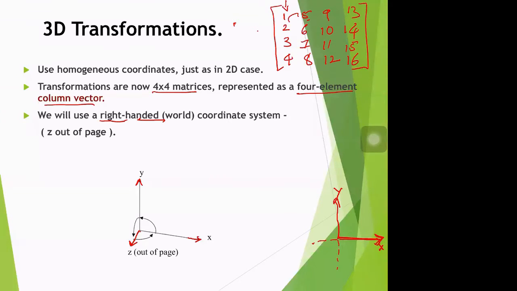Keep your right hand, place your thumb towards your x-axis, that is always the right side, and your forefinger upward, and try to get your middle finger. Give a position to the middle finger. So which direction is the middle finger coming towards? Is that coming towards you?